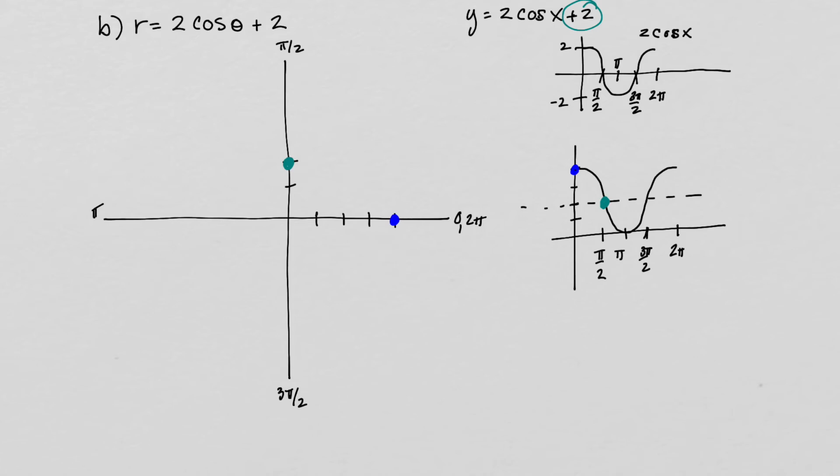And then we're just looking for a curve between them. My next dot is here at pi. So on the pi spoke, we're going to come back in to 0. So it's going to curve out and back in.